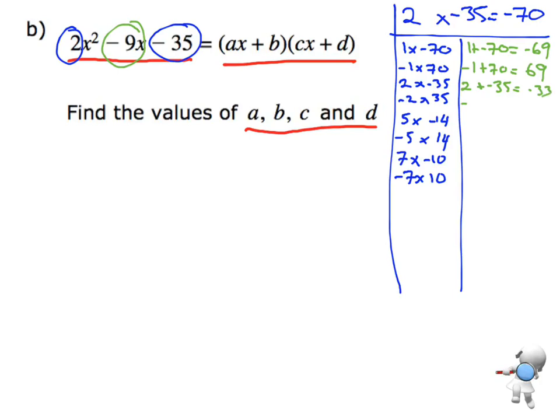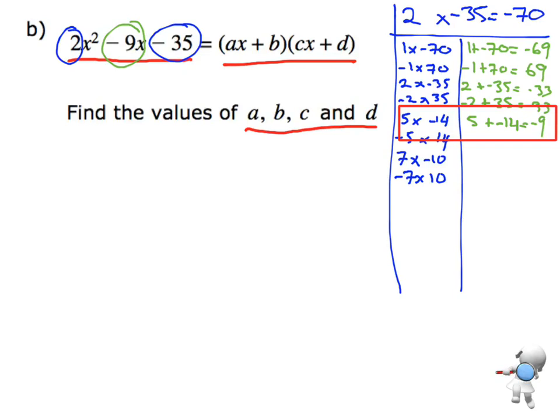Nope, not what I want. Negative 2 plus 35 will give me positive 33. Not what I want. 5 plus negative 14, that's going to give me negative 9. That's the one that I want. So there are the factors, positive 5, negative 14.